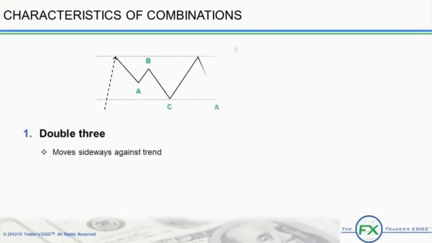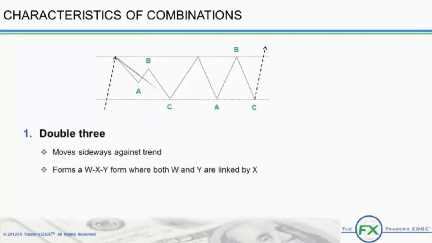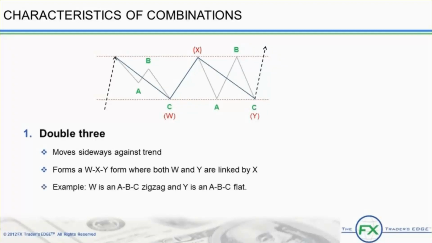The double three moves sideways against the trend. It forms a WXY form where both W and Y are linked by X. In this example, W is an ABC zigzag and Y is an ABC flat.